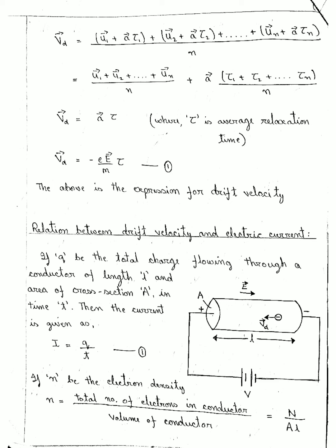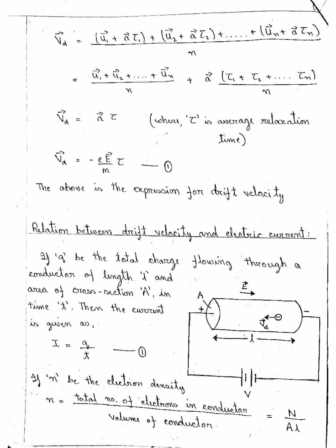Now we come to the next topic, which is relation between drift velocity and electric current. So we have learned about an electric current and drift velocity. So we will relate these two quantities. Now in the diagram we have a conductor of length L and area of cross section A, and this conductor is connected to a battery of potential V between its two ends.